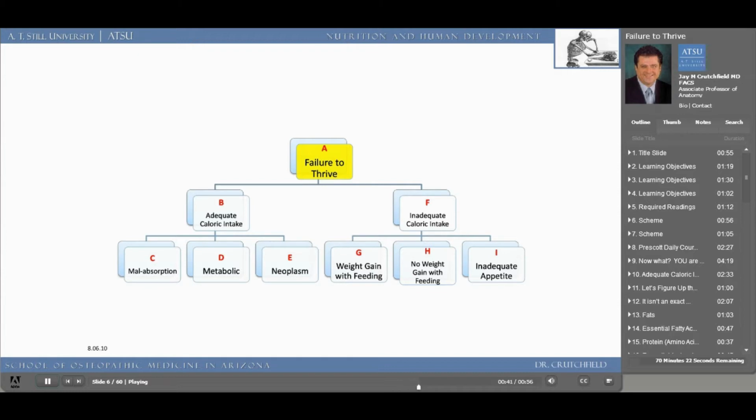But before we assess failure to thrive, we've got to figure out how many calories you need to just maintain your basal metabolic rate, or resting metabolic rate. It's all the same.